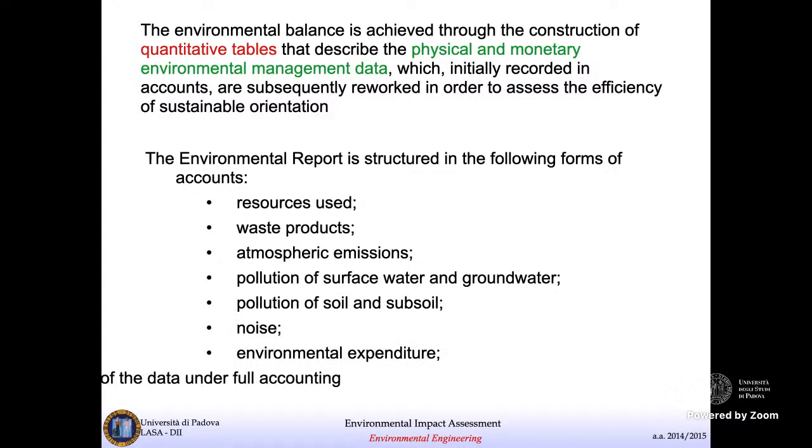The environmental reports are structured in the following forms of accounting. So you have resources used. Typically, these are the chapters of an environmental report: resources used, waste produced, atmospheric emissions, pollution of surface water and groundwater, pollution of soil and subsoil, production of annoying noise, environmental expenditure in general, and a summary of the data under full accounting.